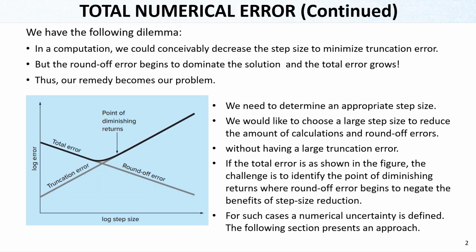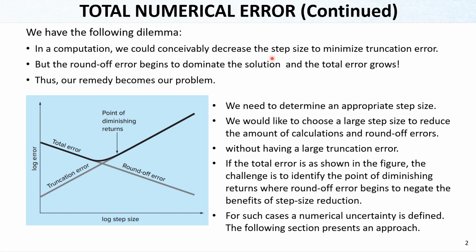Based on the comments that we made in the previous slide, we will have the following dilemma. In a computation, we could conceivably decrease the step size to minimize the truncation errors, but the round-off error will start dominating the solution and the total error grows. And that's why our solution becomes our problem.